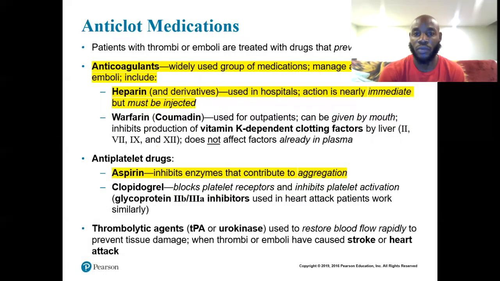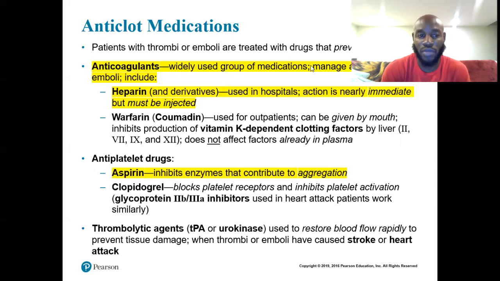You have medications that you can take, which are listed here. Anticoagulants, heparin. These are used often in the hospital. If you're working in a hospital, you may want to become familiar with this as an anticoagulant.